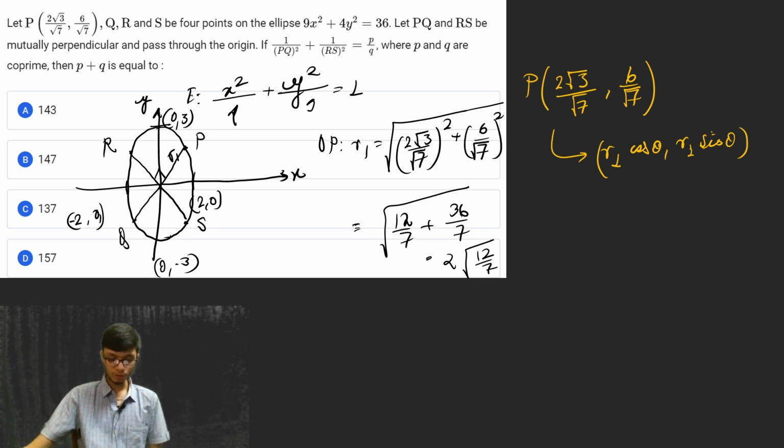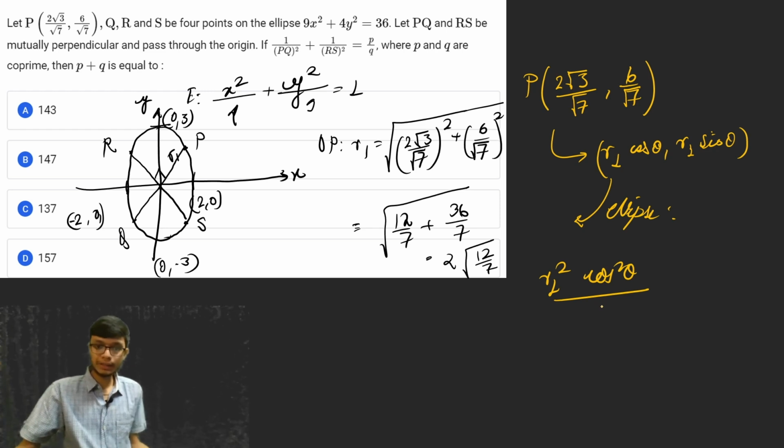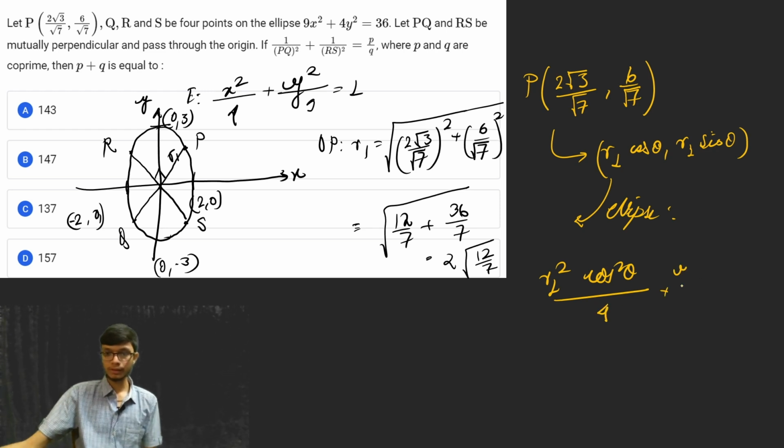Okay, and if you do so, then P also lies on the ellipse, so it must satisfy the equation of the ellipse. If you put this particular value back into the ellipse equation, this will give me a very important relation, and that is r1 square cos square theta by 4 plus r1 square sine square theta by 9 is equal to 1.